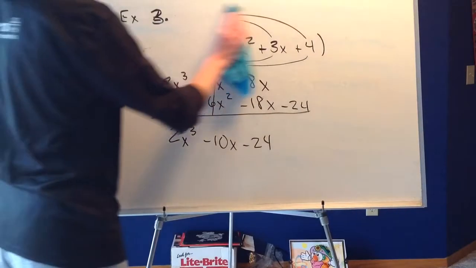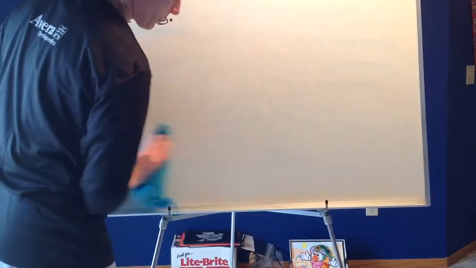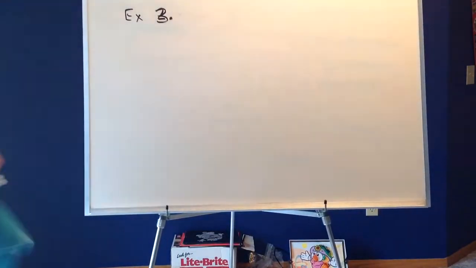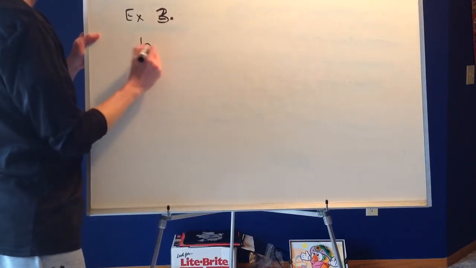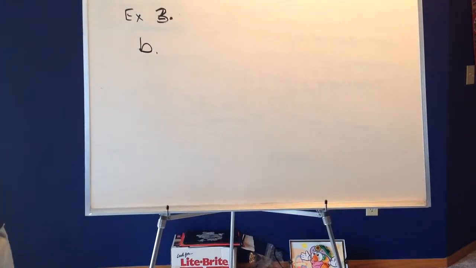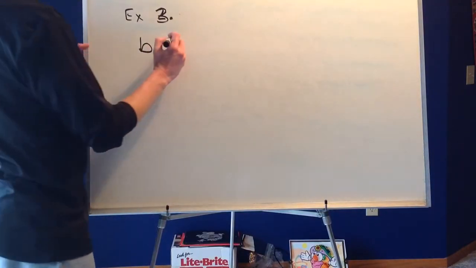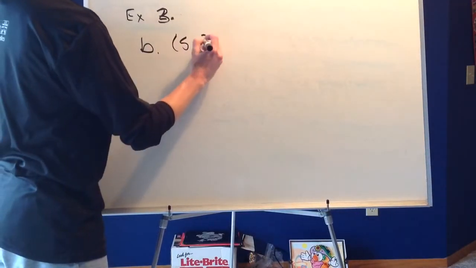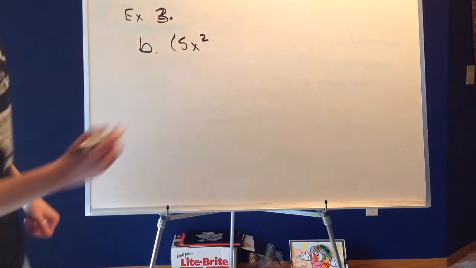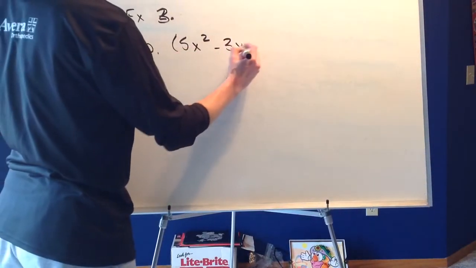Okay, and then the last one we have, we're going to do in table form here. So for this one, we have 5x squared minus 3x plus 1.